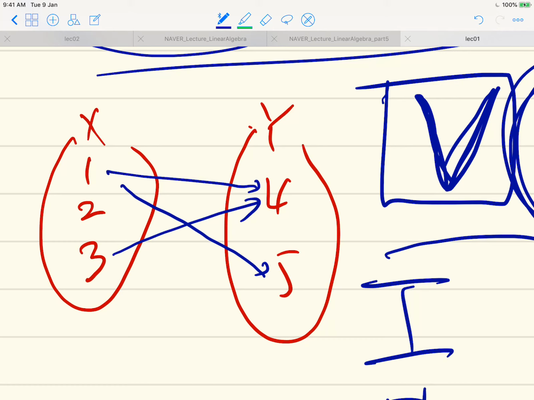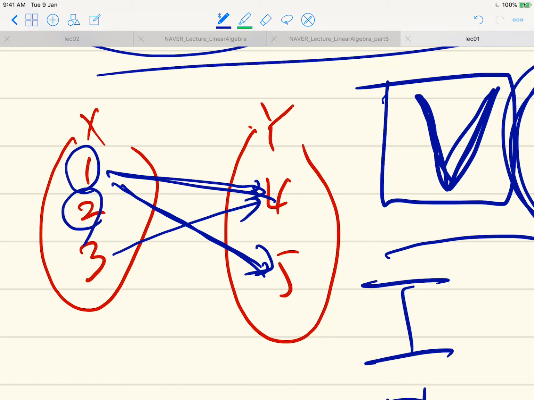So a function has two requirements. Each input in our domain, 이걸 정의역이라고 하죠, 정의역이 domain, each element in our domain should be mapped into a single output. In that case, one is mapped into multiple outputs, so it violates the first condition of being a function.